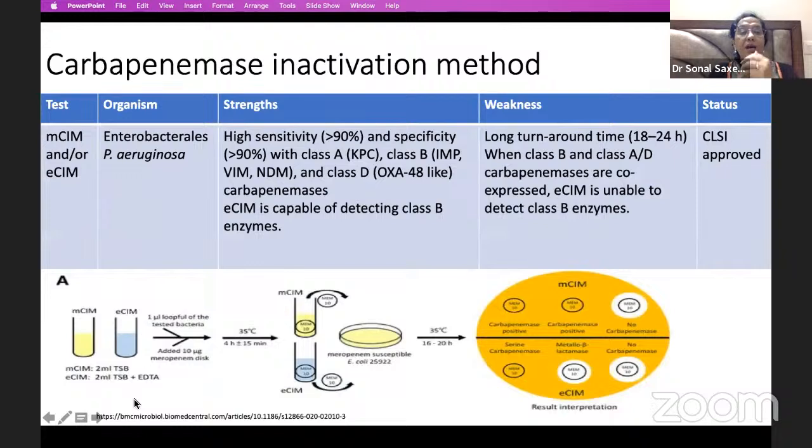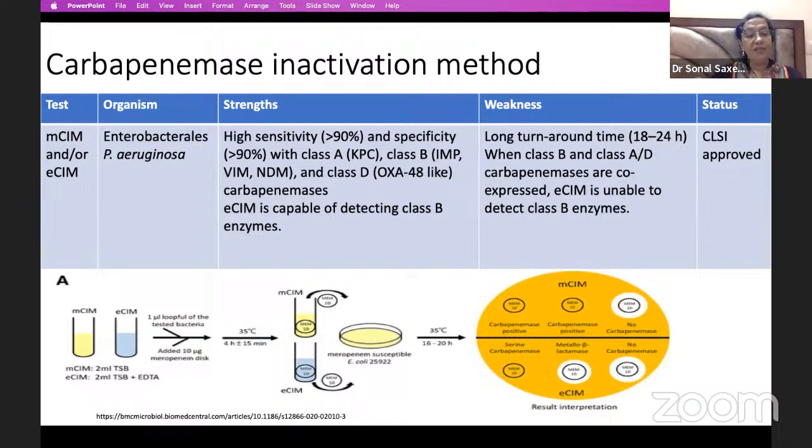The other method is the carbapenemase inactivation method, something which confuses very many students. What is an mCIM and what is an eCIM and what does it do? So when we talk of CIM, we are talking of the carbapenemase inactivation method.